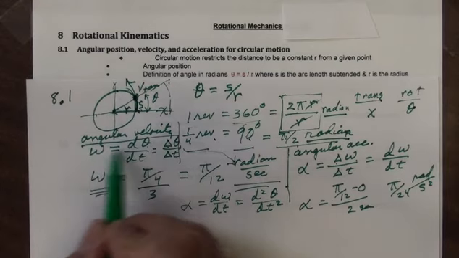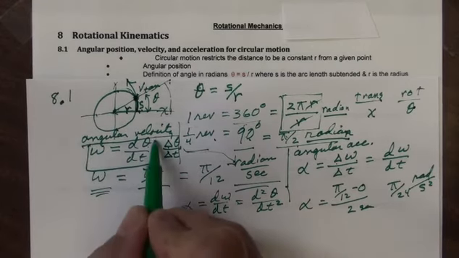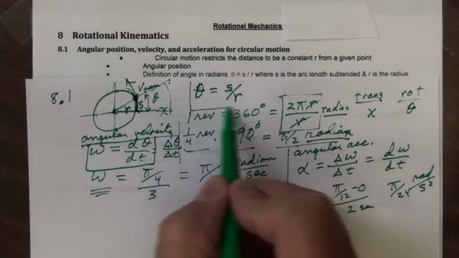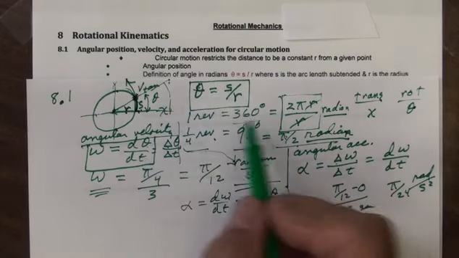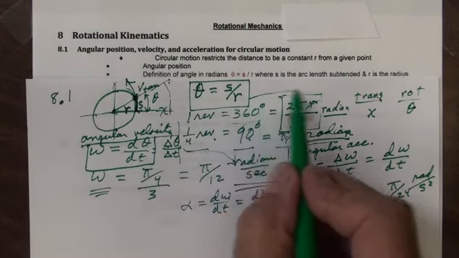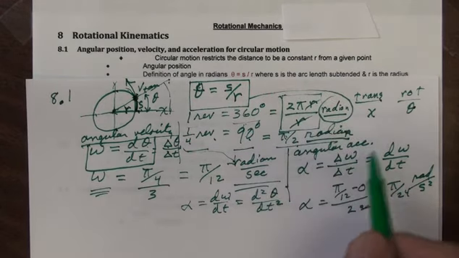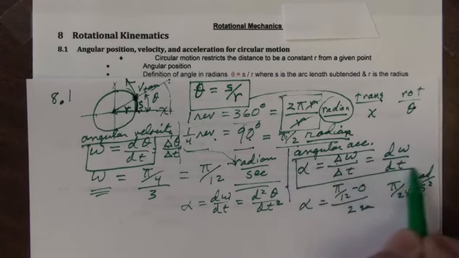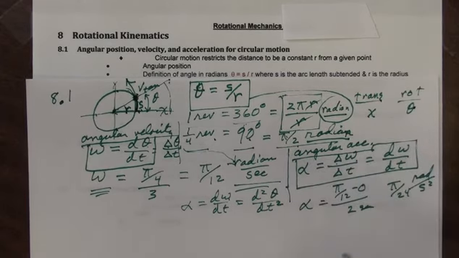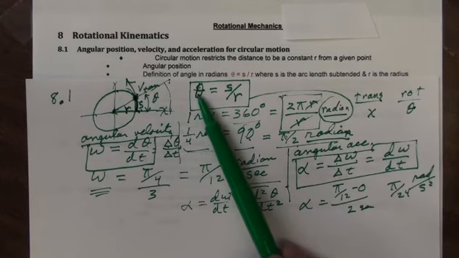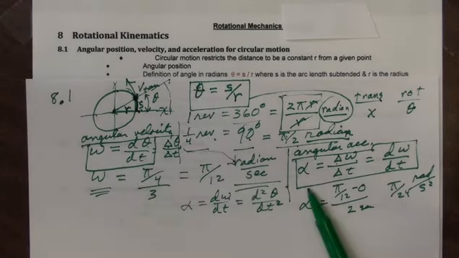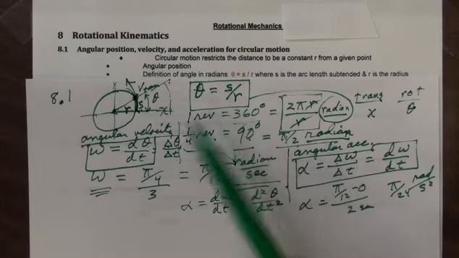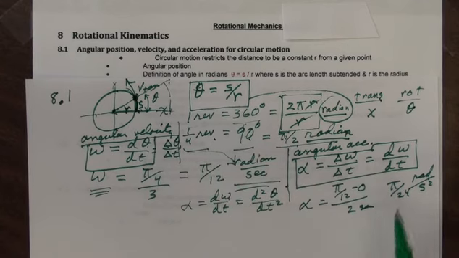Our definition of angular velocity, our definition of theta, measured in radians, and our definition of angular acceleration. And so now we have something comparable to our translational case. We have position, velocity, and acceleration, but they're angular, meaning they are all measured in radians, radians per second, or radians per second squared.